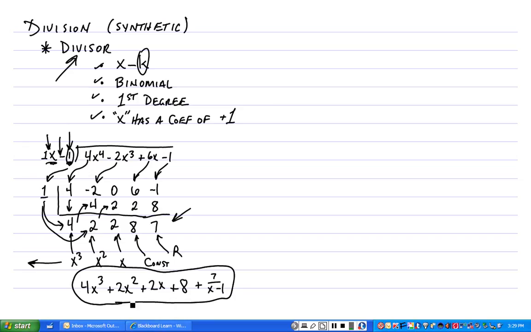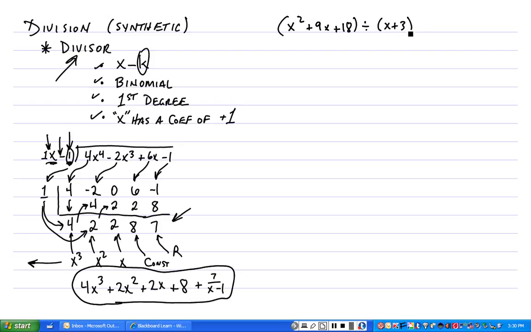So let's look at another one. Let's try one like this. Say x squared plus 9x plus 18 divided by x plus 3.